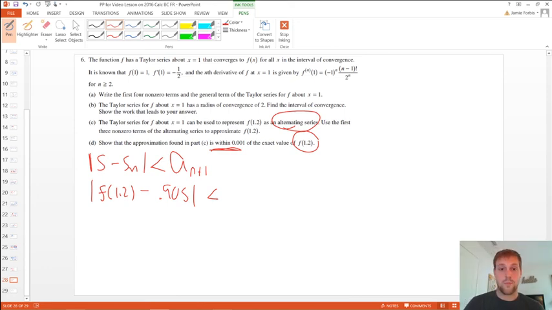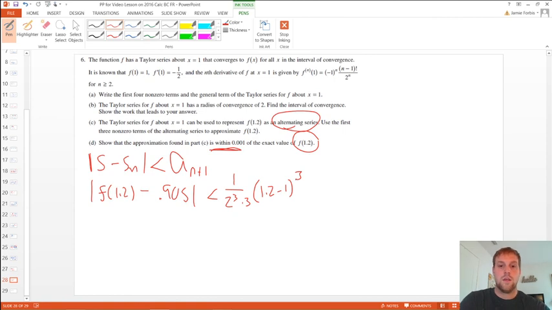If you look at part A, the next term was that cubic term, which was 1 over 2 cubed times 3 times 1.2 minus 1 quantity cubed. So we just have to show that that quantity is actually less than 0.001.